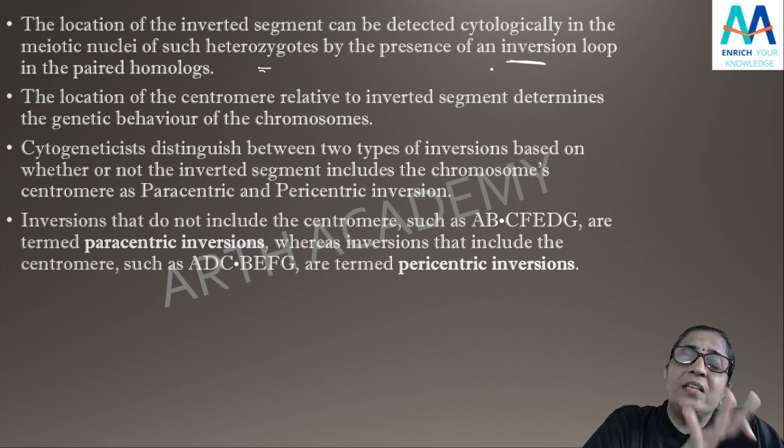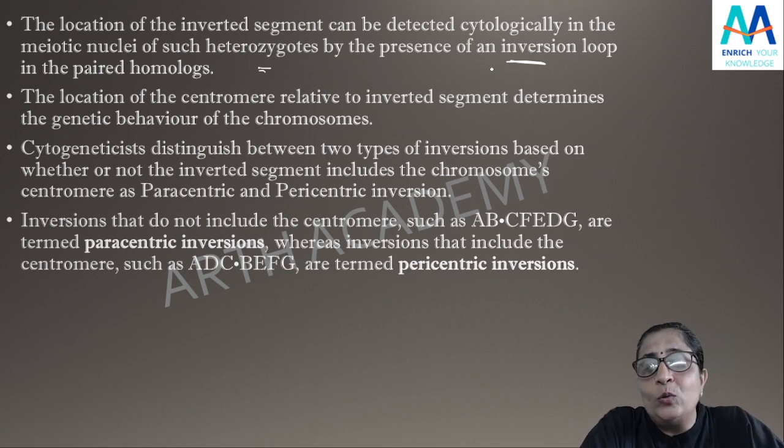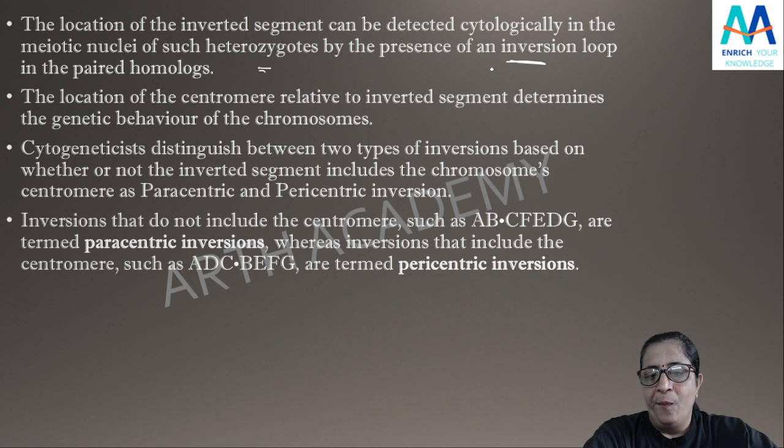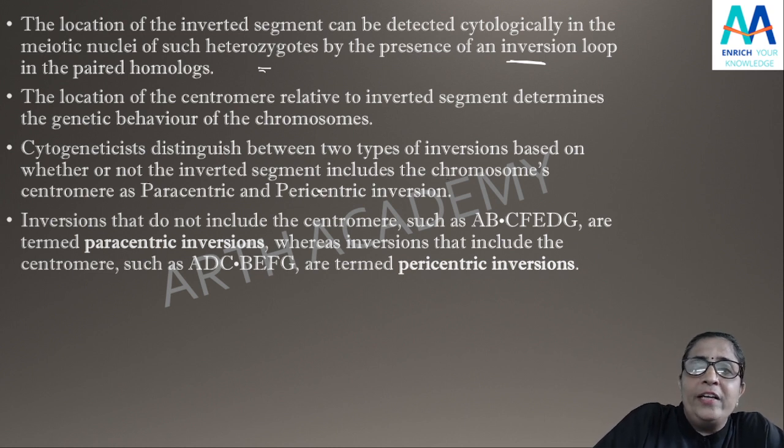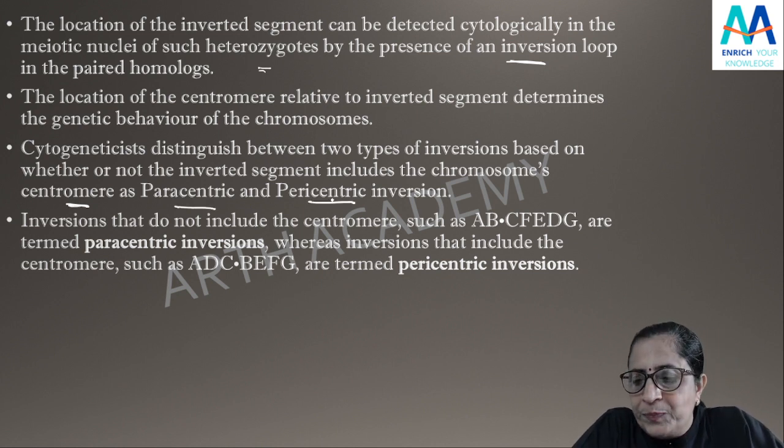On that basis, again, we can see that there are two types of inversion. Cytogenetics distinguishes between the two types of inversion based on whether or not the inverted segment includes the chromosome centromere. So there are two types of inversion on that basis. One is paracentric and another is pericentric inversion.